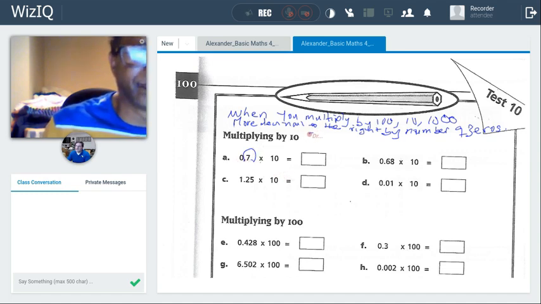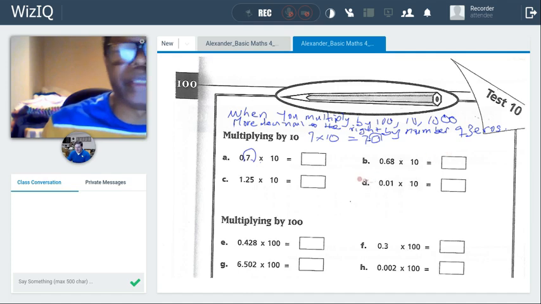Just multiply as normal. So 7 times 10 is going to give you 70. But now you count the number of decimal places. You can see you have only 1. So then you're going to go 1, which means it's here. So the answer still is going to be 7. So whichever way you want to do.